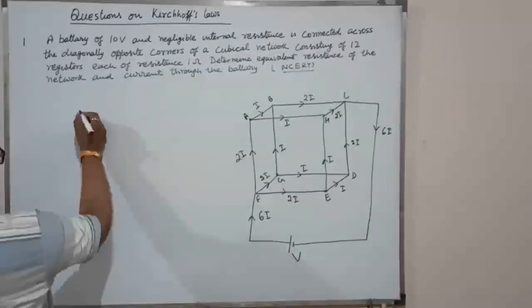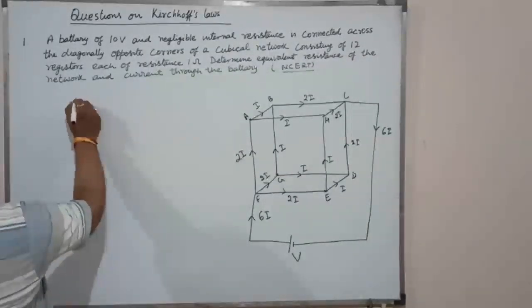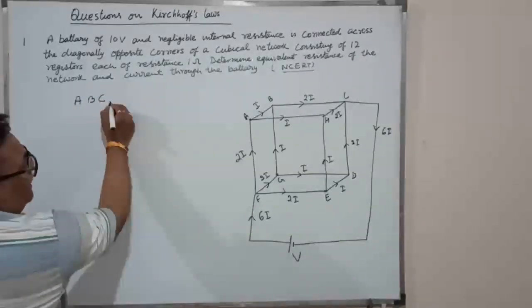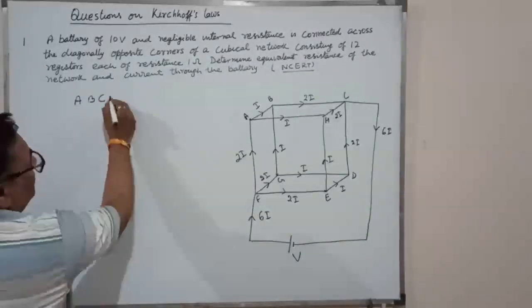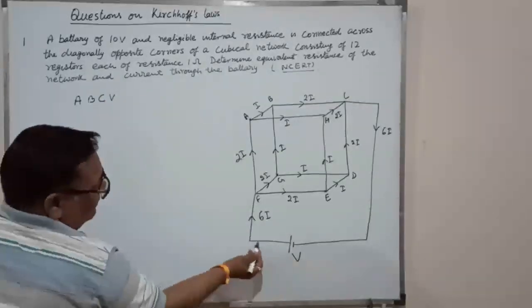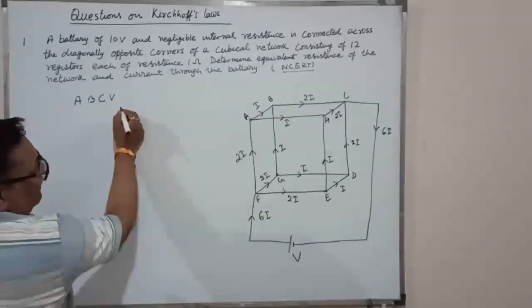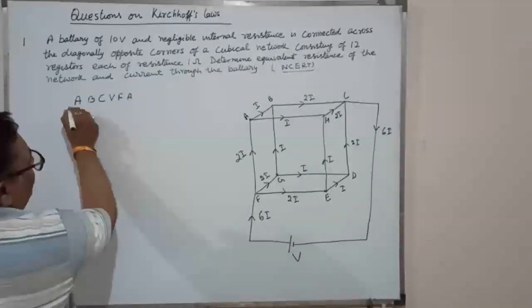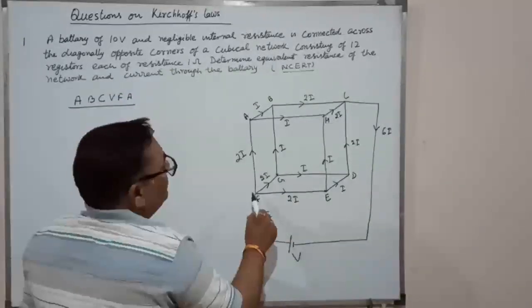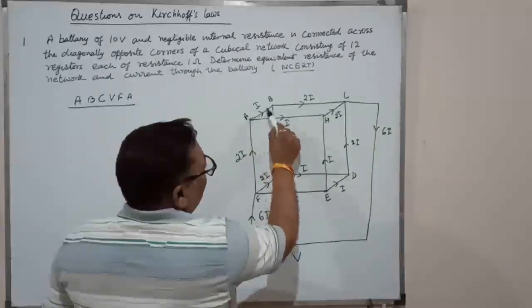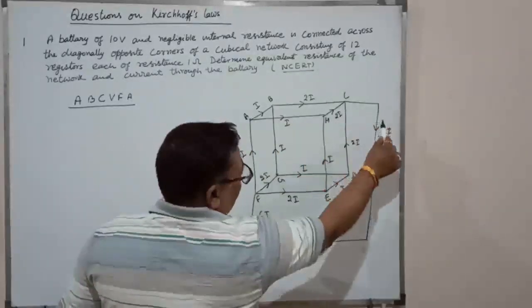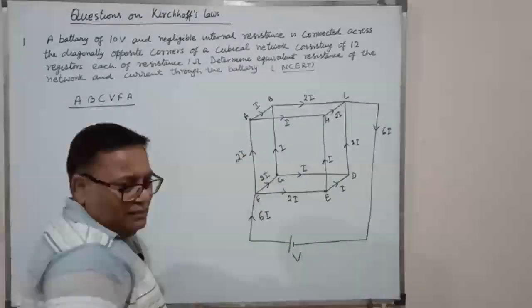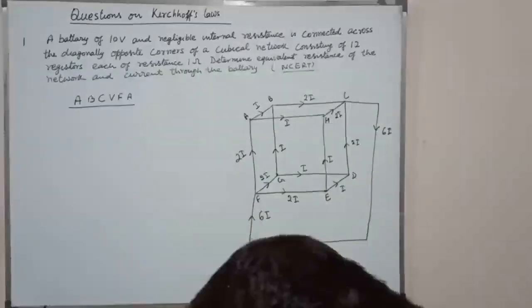Now take the closed mesh A, B, C, V, F and A. A, B, C, V, F, A. This is the network.